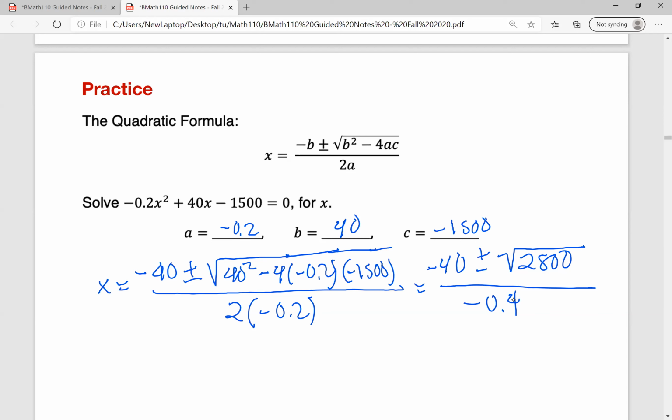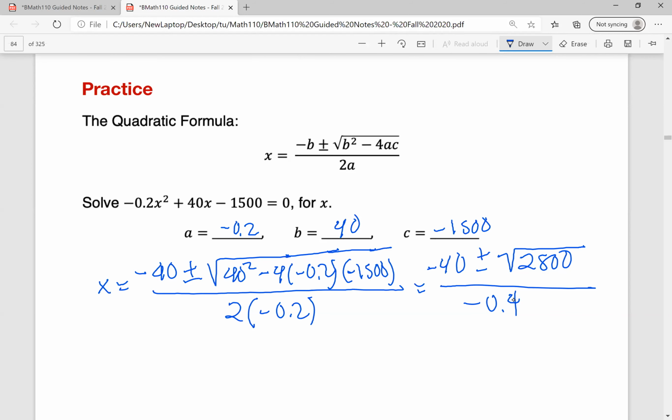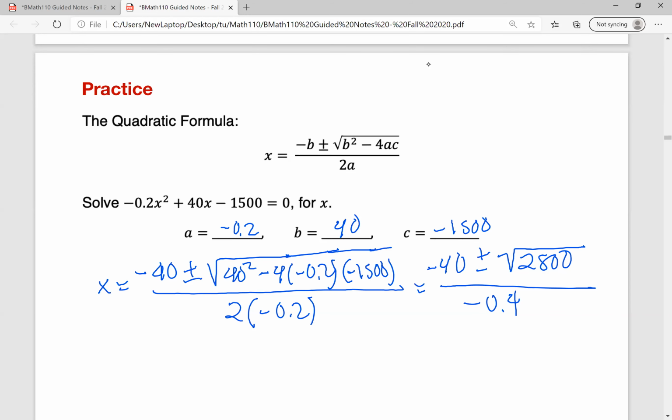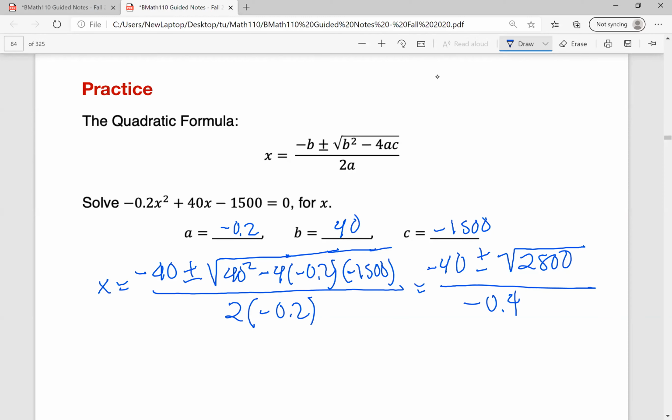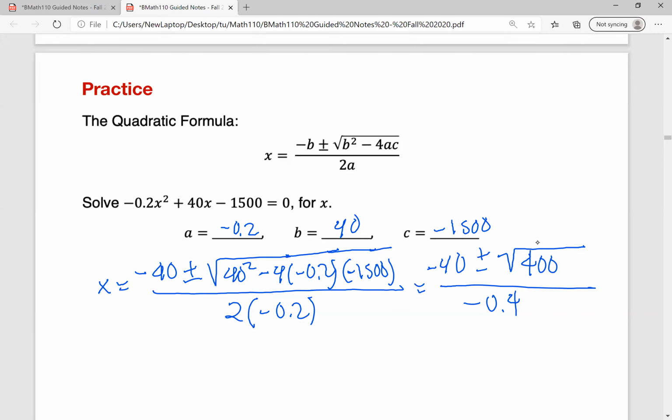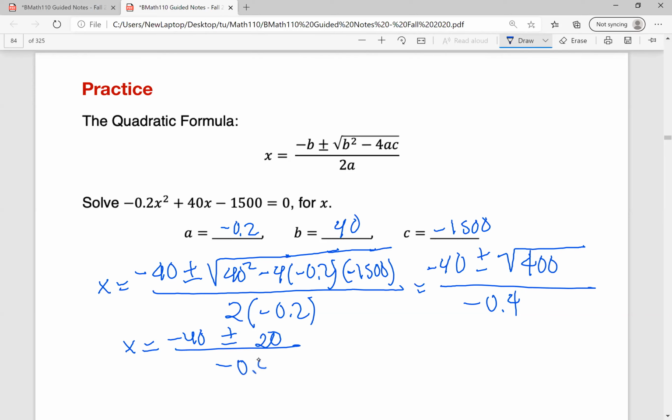I think I made a mistake somewhere. Actually, this will be equal to 400. Okay, so if you use 400 and take the square root of that, you will have x equal to negative 40 plus and minus 20 over negative 0.4.